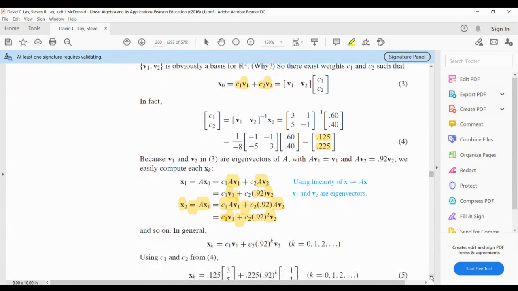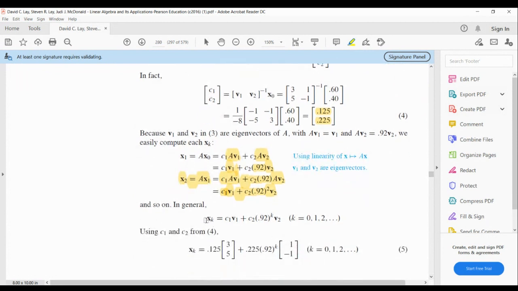And in general, if you want to find the population distribution of the city and suburbs after k years, it's going to equal C1 times V1 plus C2 times 0.92 to the kth power times V2.